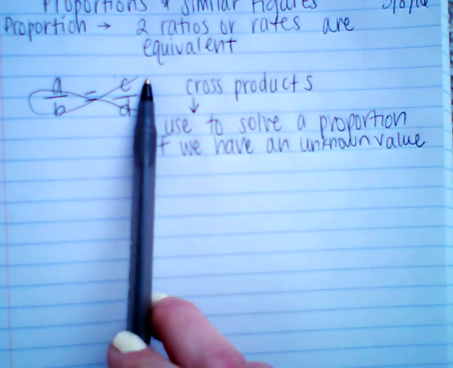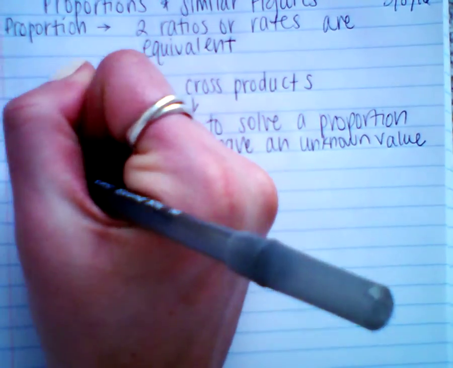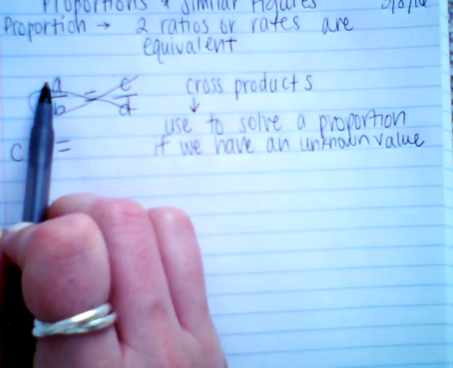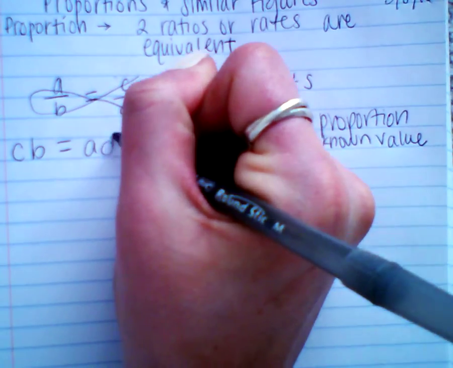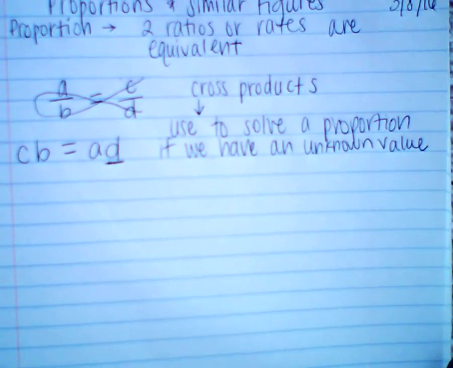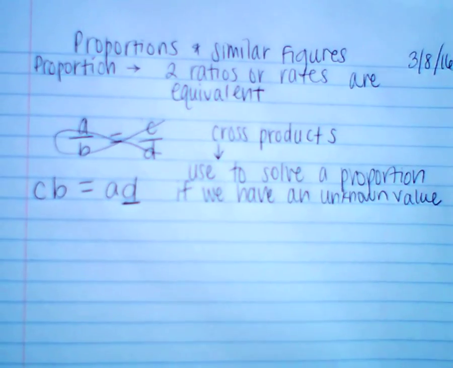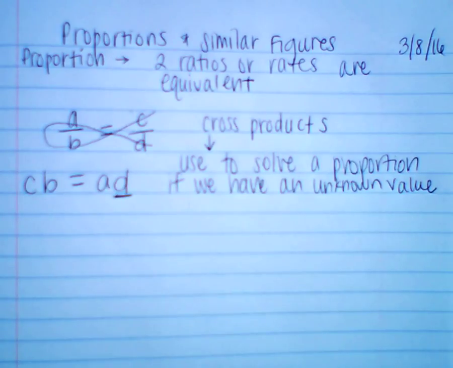I could multiply C times B equals A times question mark. And then now that we are so good at solving one-step equations, we could easily figure out that missing value. So that's when cross products are helpful. That'll make more sense once we start to set up our proportions.